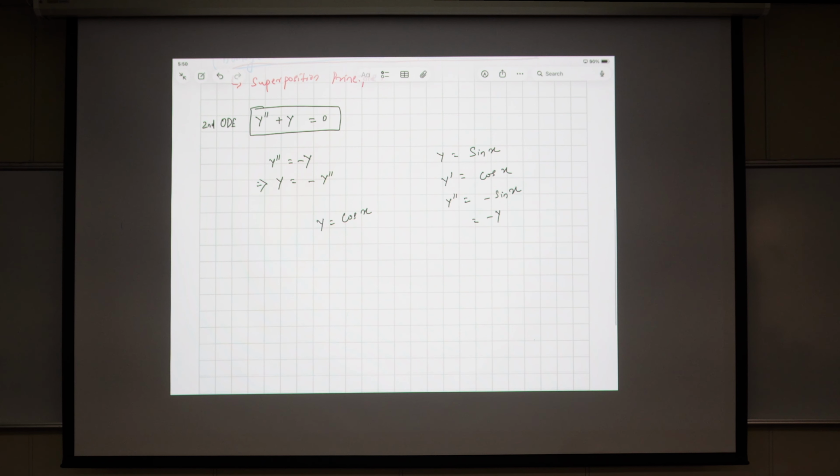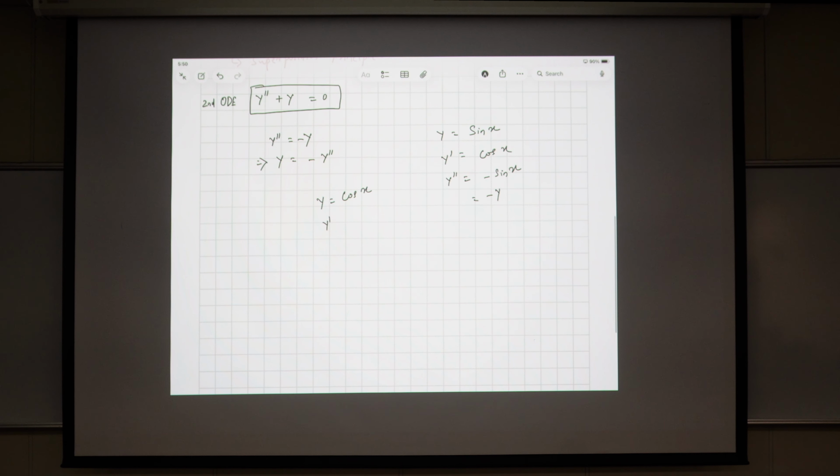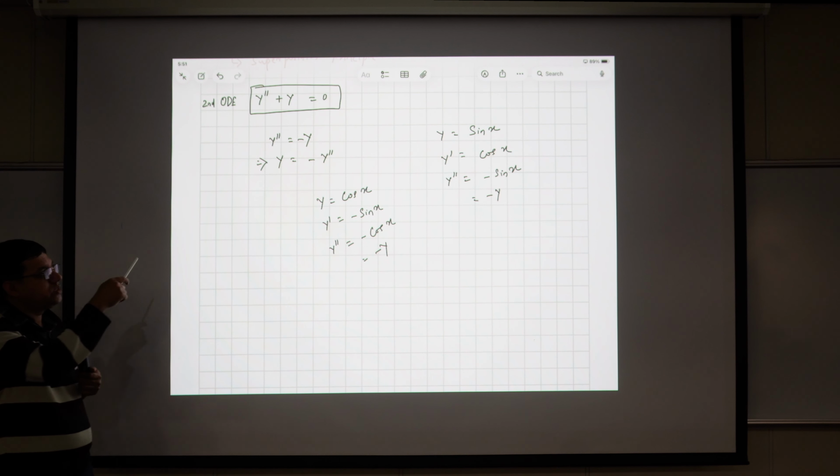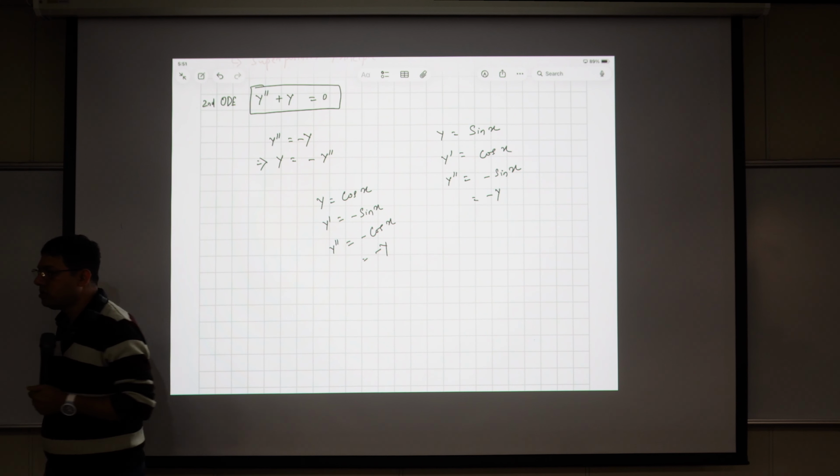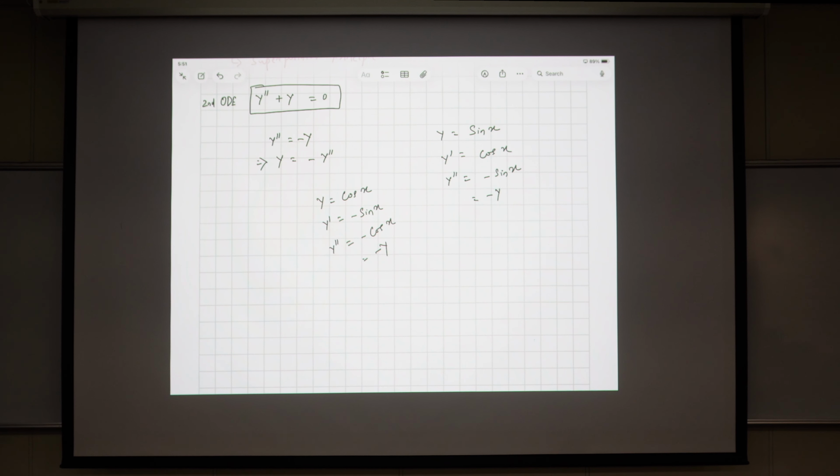Yes, because if I take y dash, it is minus sin x. If I take y double dash, it is equal to minus cosine x, that is minus y. Now in this case, y is equal to sin x is one solution, and y is equal to cosine x is also another solution.